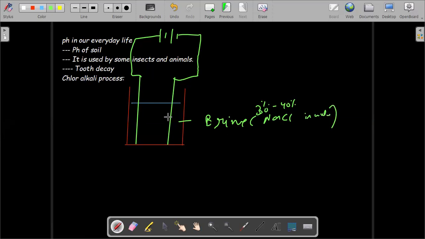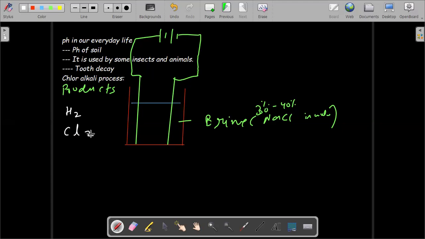Then, okay, what are the products of this? What are the products that we obtain over here? Bhavina, what are the products that we obtain here? Sir, hydrogen gas, chlorine gas. Okay, hydrogen, chlorine, all right.